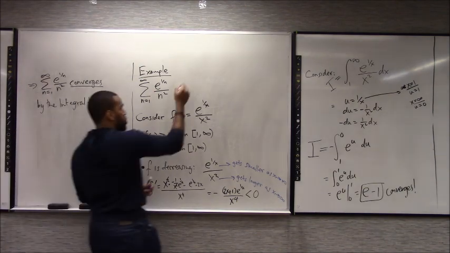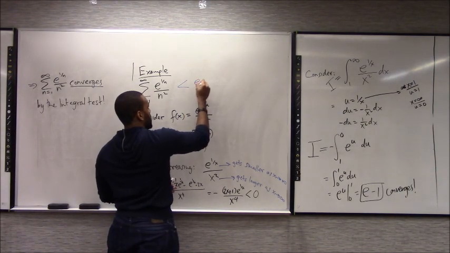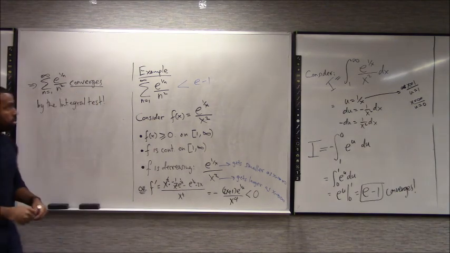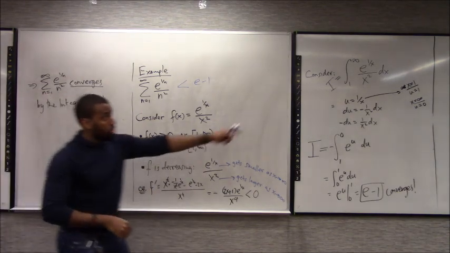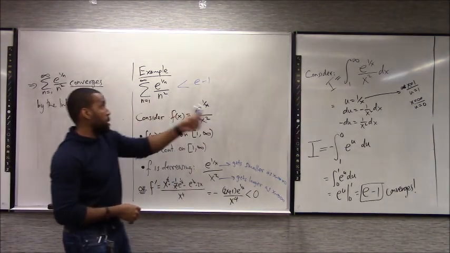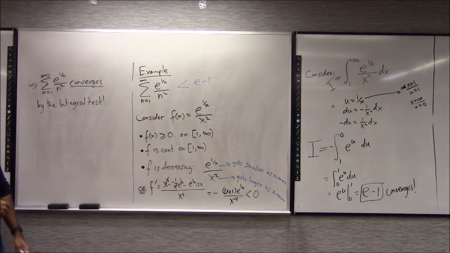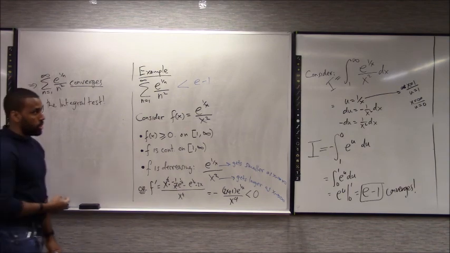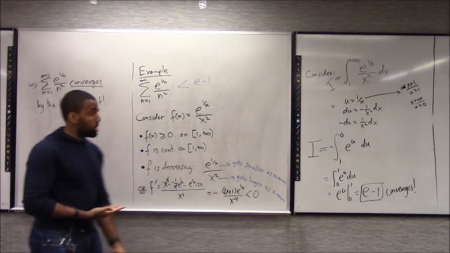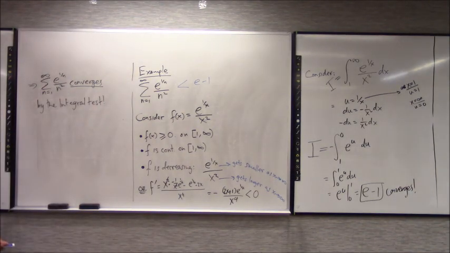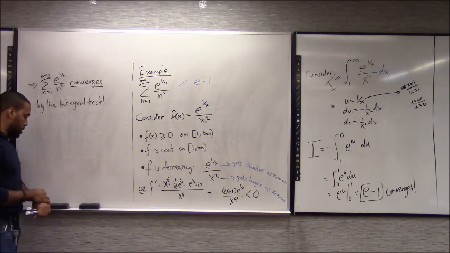But I know for a fact it's going to be less than whatever that number is, right? Because the integral is always going to be bigger, because it's filling in gaps that the series doesn't have to worry about. So whatever that converges to, it's going to be smaller than e minus 1. I just don't know exactly what it converges to. But I know it converges. This is the integral test.